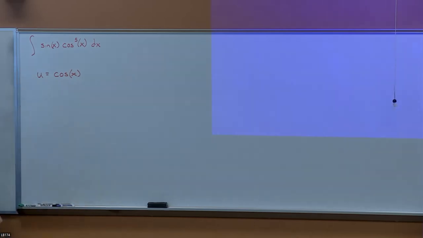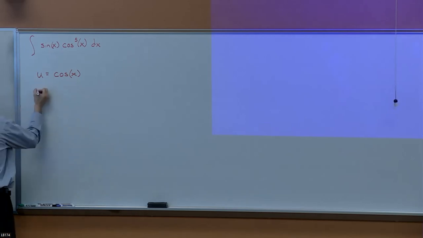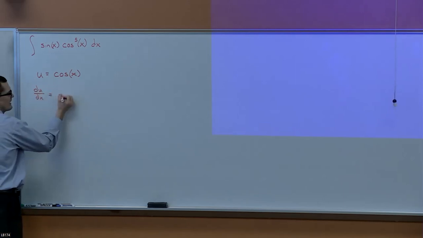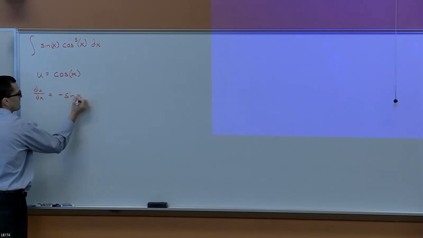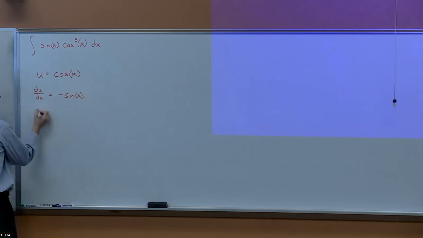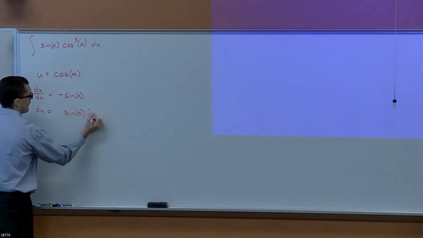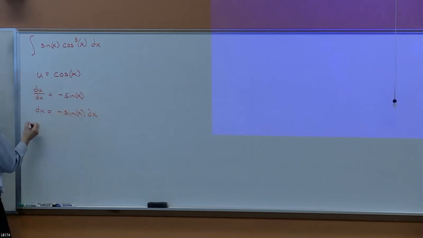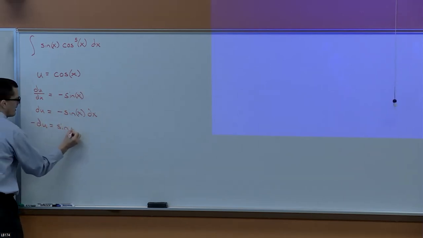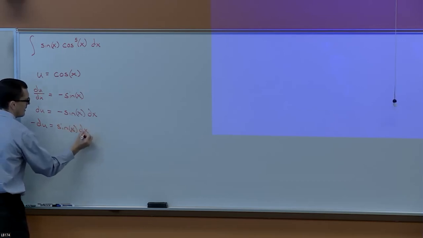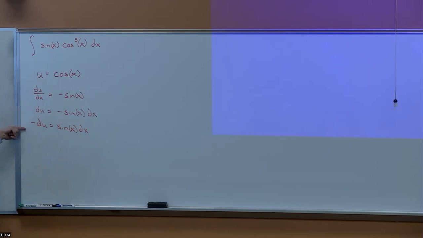So let's go ahead and do that. u is equal to cosine x. That means when you take the derivative of u with respect to x, well, the derivative of cosine is negative sine. So my du dx exchange is this, or I could also write it like this, either one I can use.